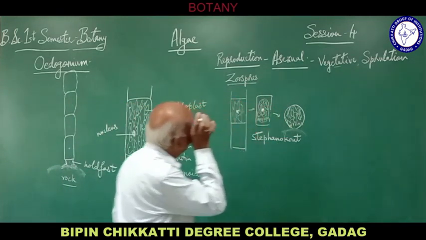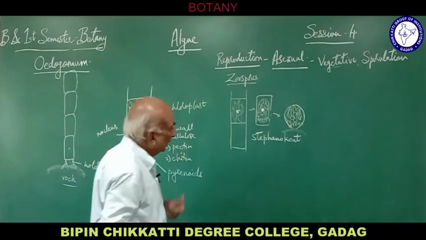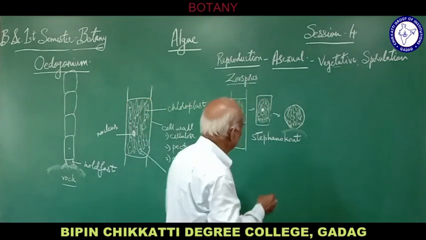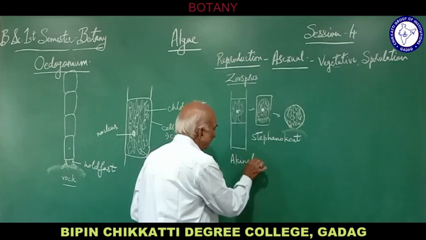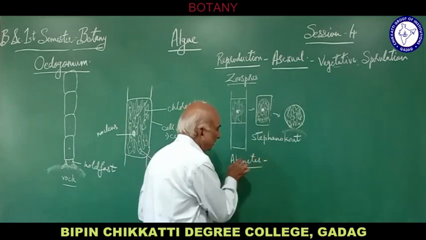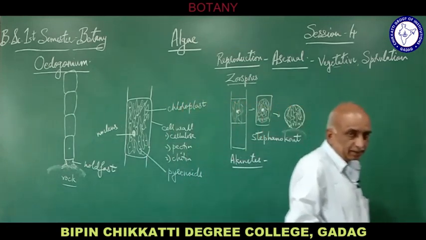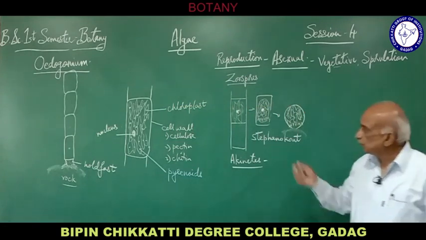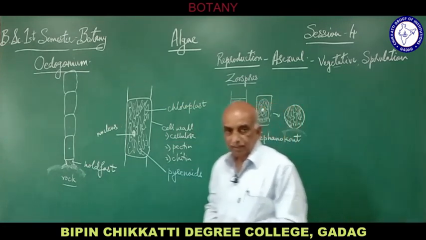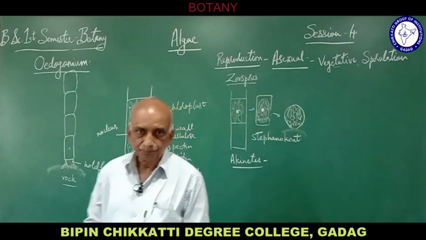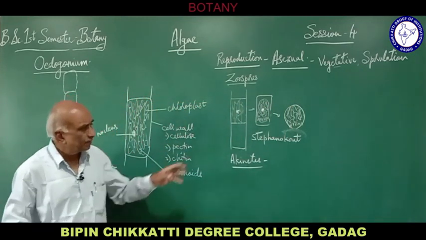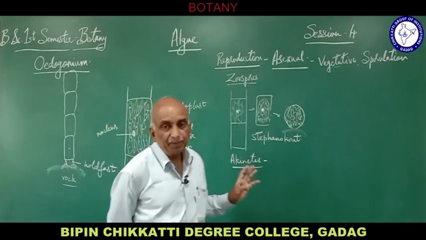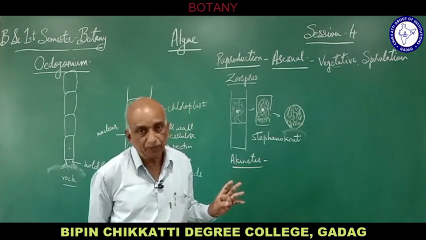Then the other type of sporulation is by the help of akinetes. Again in Nostoc we come across such kind of akinetes. Zoospores are usually formed during favorable seasons, and they depend upon the carbon dioxide content in the water.